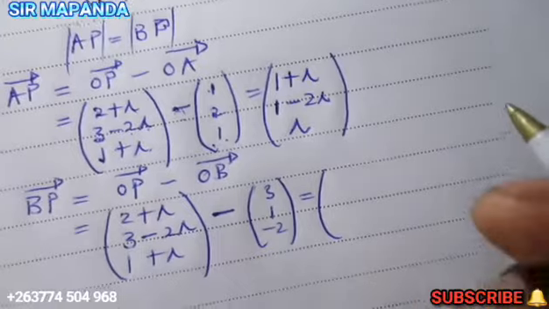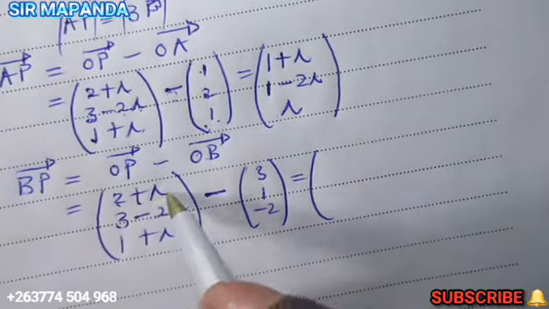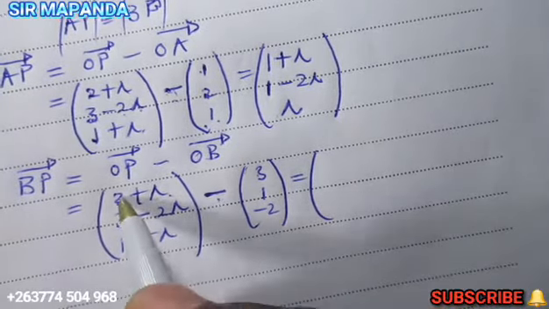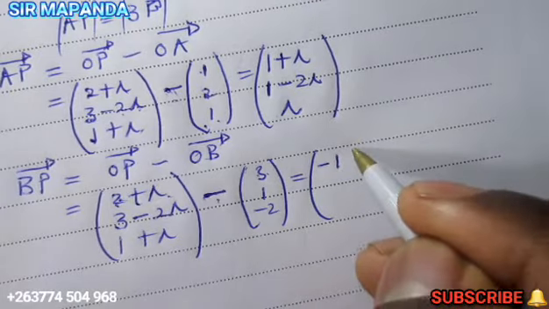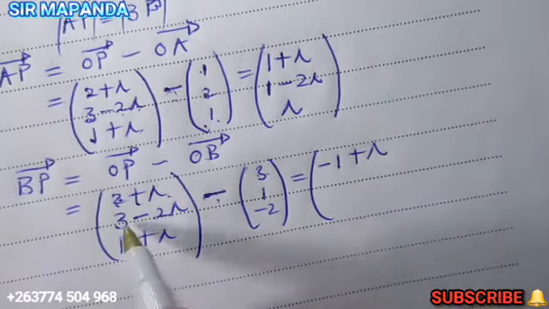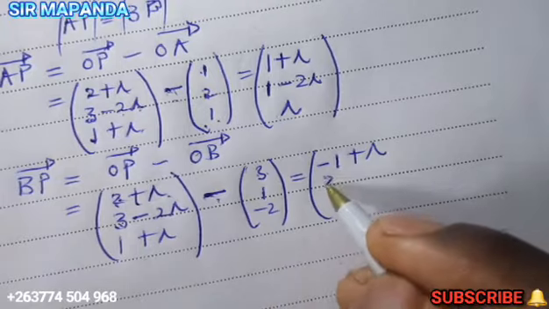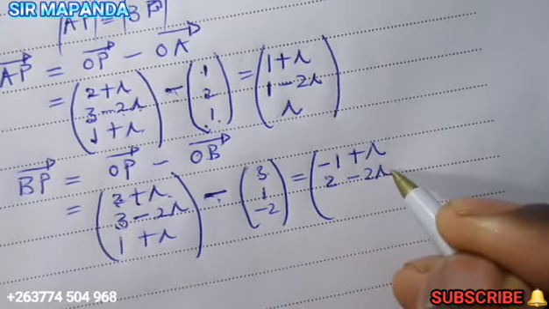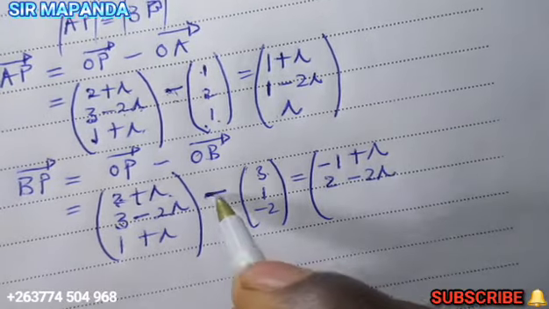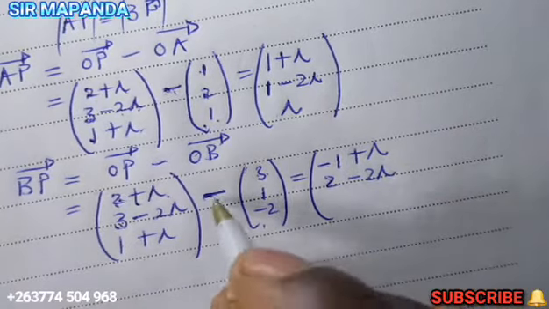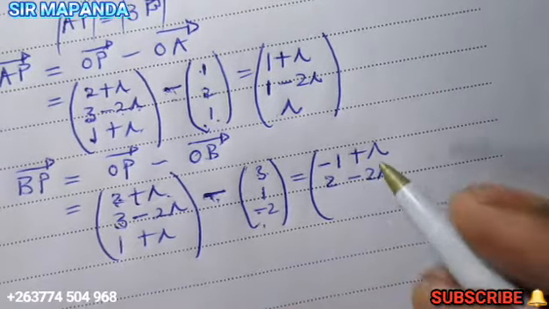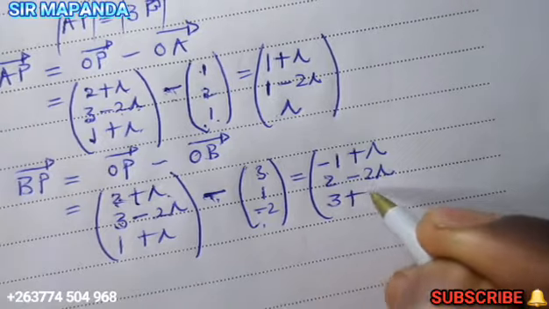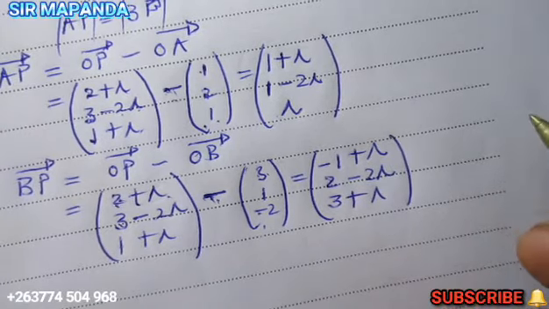I hope you are following, class. So 2 plus lambda minus 3, you get minus 1 plus lambda. 3 minus 1, you get 2 minus 2 lambda. 1 minus minus 2 is 3, since minus and minus gives a positive. So it's 3 plus lambda. I hope you are following.